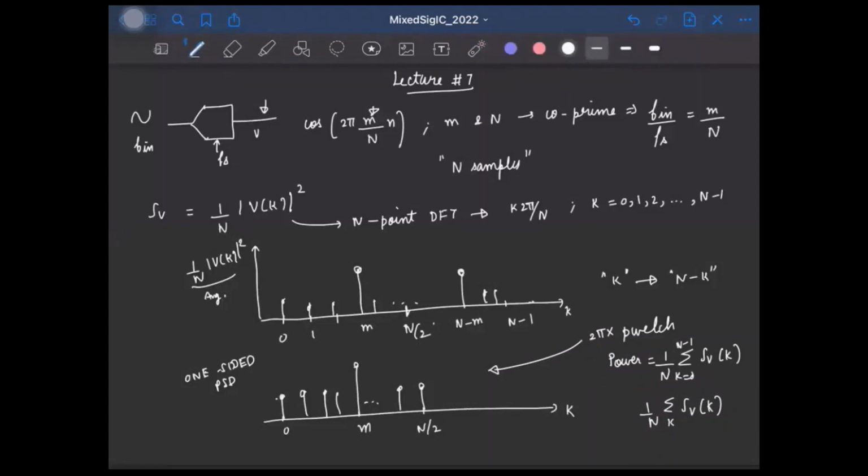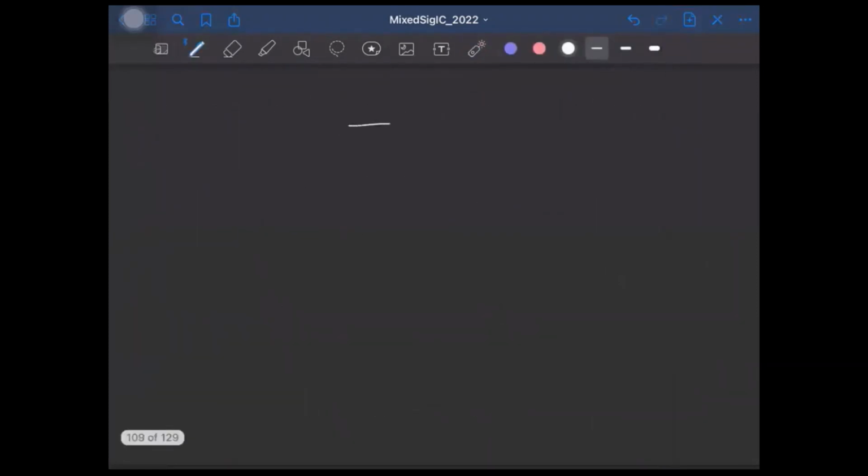Fine. So let's say I take an ADC and I feed a signal such that after sampling, the discrete time signal is cos 2 pi times 201 by 8192 times n. Say I take an 8192 point DFT and find the power spectral density. So let's see what we get.